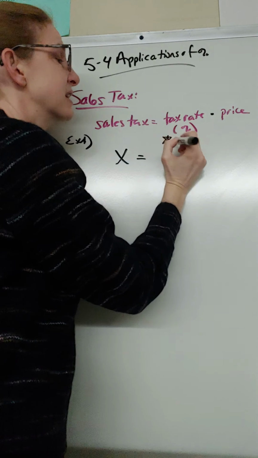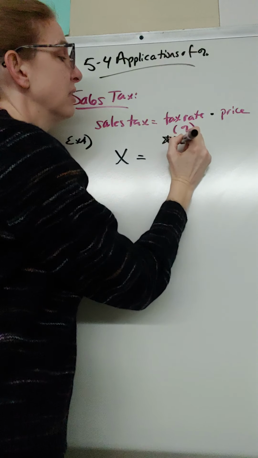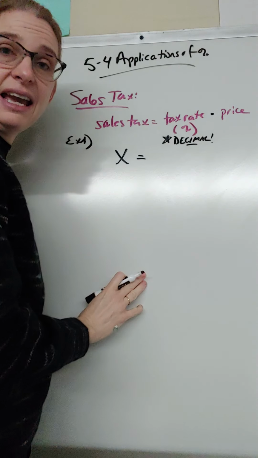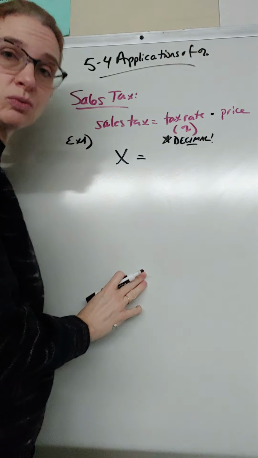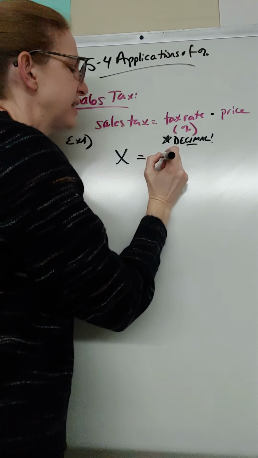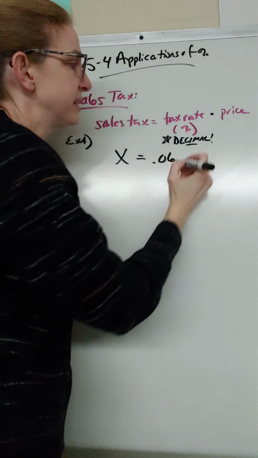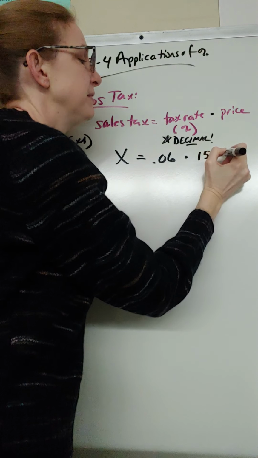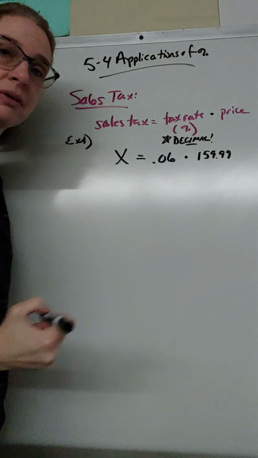Now, I'm going to add something else under this formula. Remember, you're putting this in an equation, not a proportion, so you have to write it as a decimal. A 6% sales tax would be 0.06 times the price of the bicycle, $159.99.